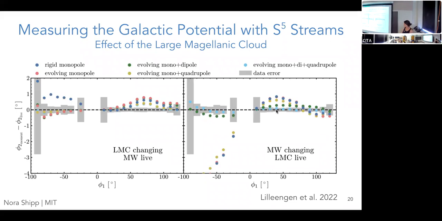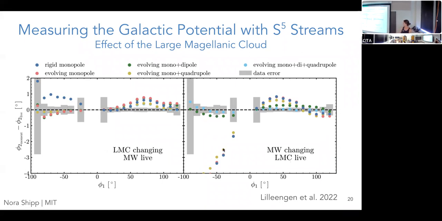This is a little complicated, but here the x-axis is the position along the stream on the sky, and the y-axis is the y direction of that position on the sky. The gray bars are the uncertainty on the measurements. On the left, she's showing what happens when you have a fully live Milky Way potential, and then you include different components of the LMC potential. On the right, the LMC is fully live, and she includes only certain components of the Milky Way expansion.